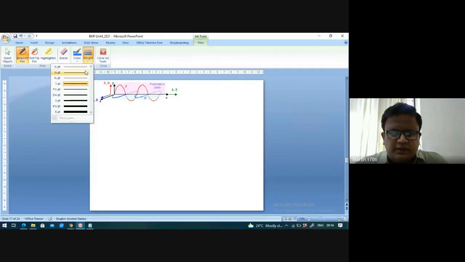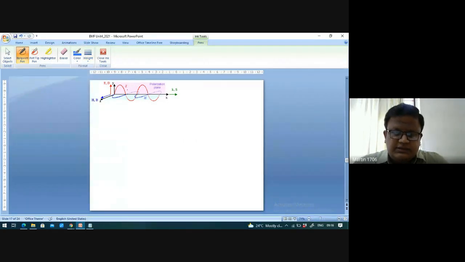There you can find one in red color and another in blue color. Red is the electric field, and blue is the magnetic field. Both are transverse to each other, that is, perpendicular to each other. This is called the polarization.